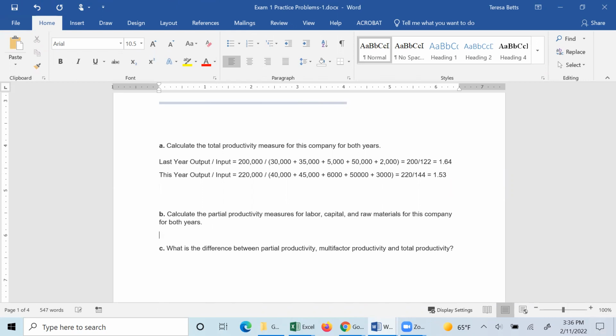Okay. Well, to do that, you have to remember that partial productivity only involves one input. So basically it's asking us to calculate 3 productivity measures for each year. And so when we do that, we do outputs over inputs for labor, capital, and raw materials. And I'm just going to copy in a table to show you what that looks like.